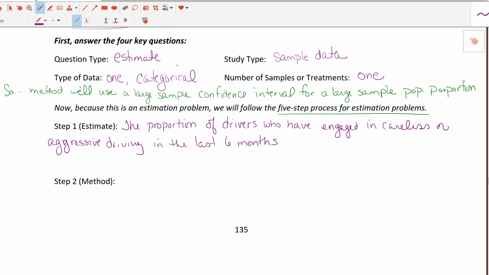So step 2 is the method. So the method is determined because of the 4 questions above.